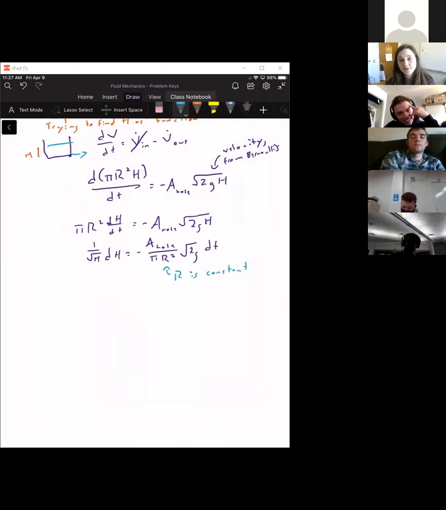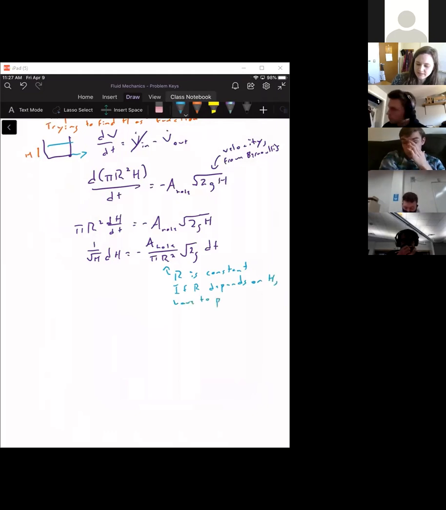What would we have to do if r depended on h, like in the homework? Move it to the other side. Yeah, on h, you have to plug in whatever the h equation is, and move h to the other side. I just have a quick question on that.